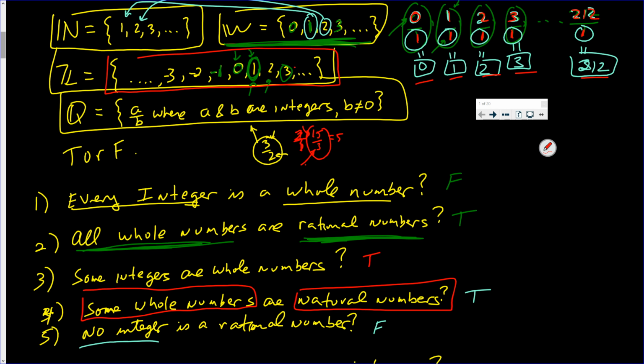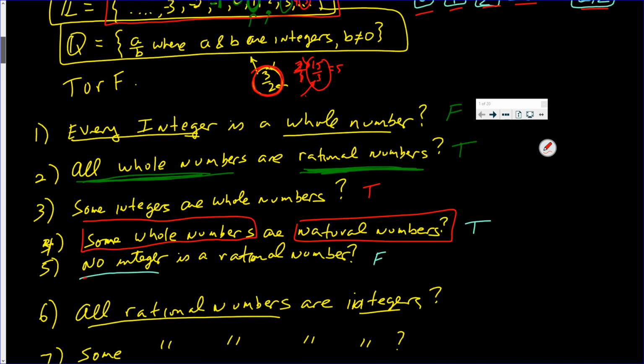And if you go out far enough, you'll see 5 is an integer. But not all rational numbers are integers. This says all rational numbers are integers. That's false, because 3 over 2 is a rational number, but 3 over 2 is not an integer.